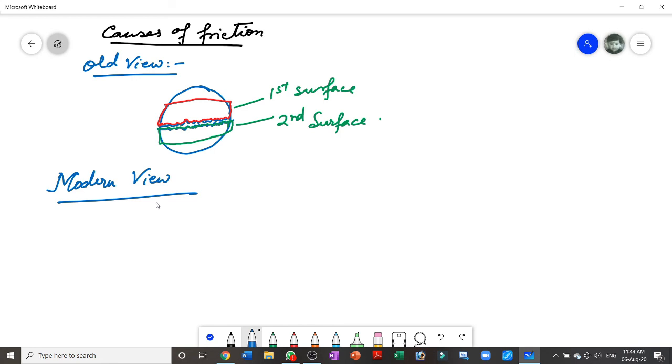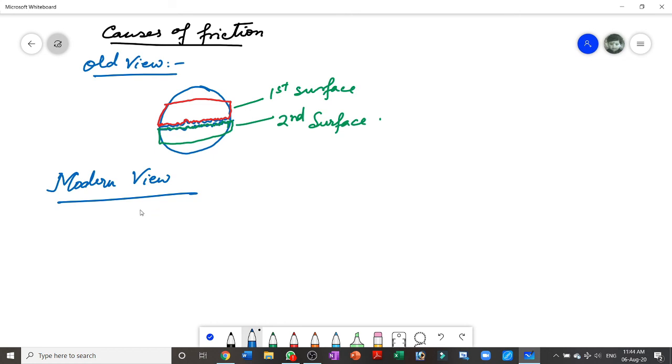When a body comes in contact with any other body, then due to their roughness at the microscopic level, they come in actual contact at several points. At these points, the atoms and molecules come very close to each other and intermolecular forces of attraction start acting between them, which opposes the relative motion.